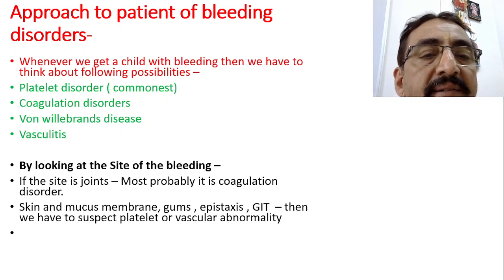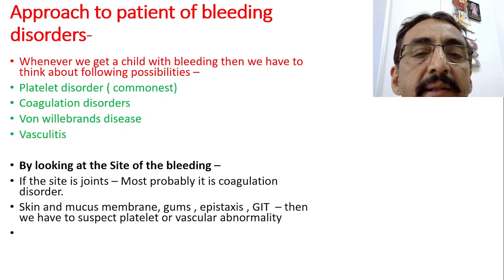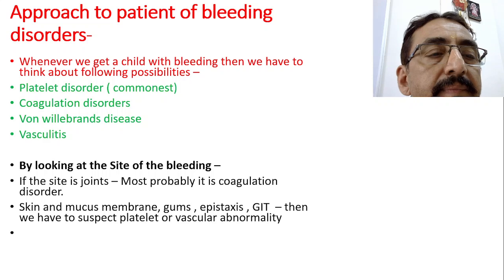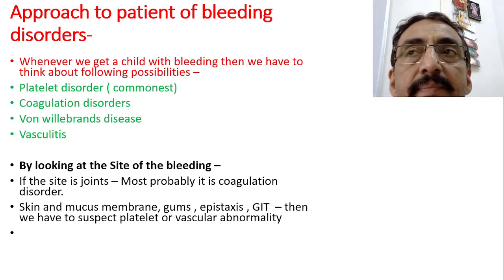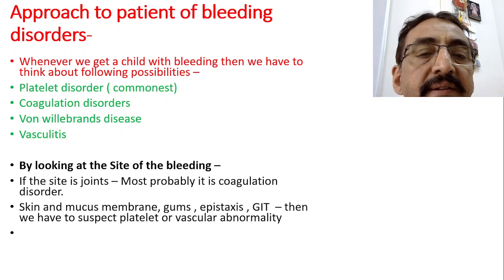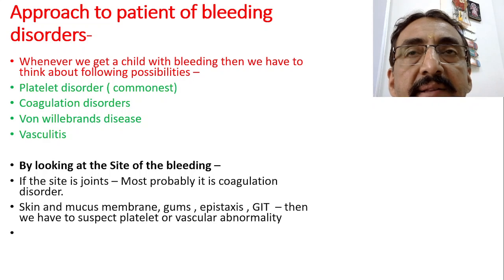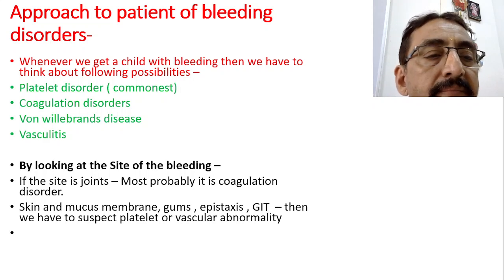Now, by looking at the site of the bleeding, if the bleeding is taking place in the joints, the pressure point areas, then most probably this is not a platelet problem, rather it will be a coagulation disorder.